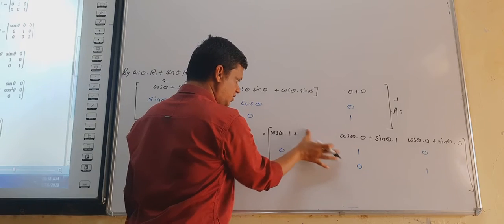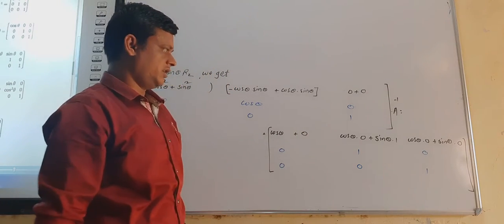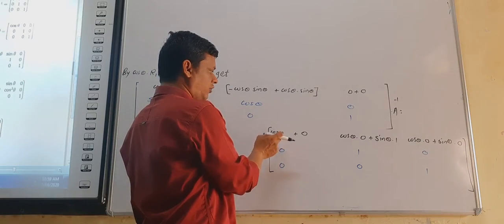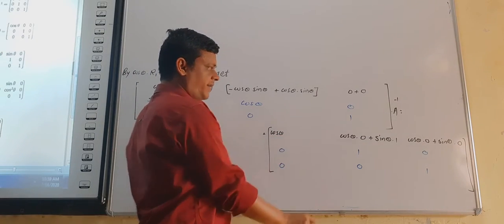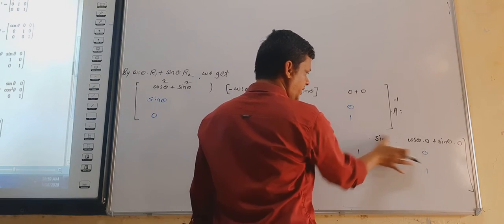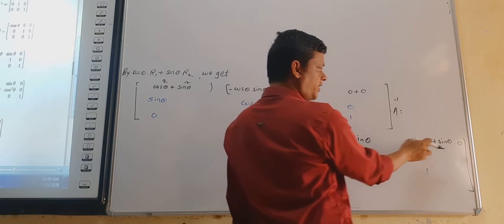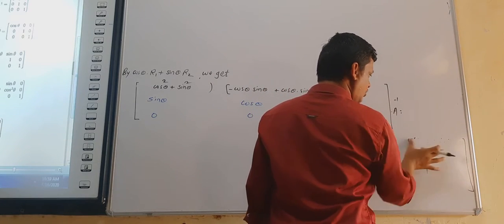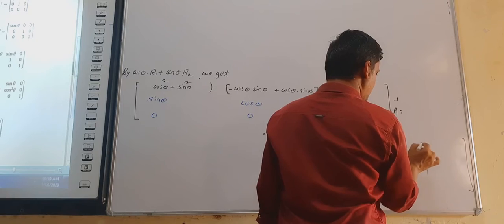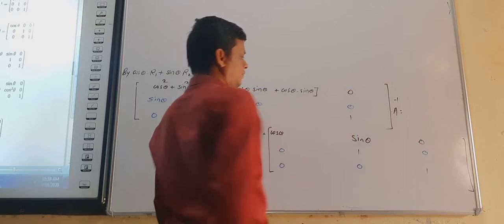So this is 0 and 1 into cos theta is cos theta. So directly you can write cos theta plus 0 as cos theta. Into 0 is 0, sin theta into 1 is sin theta. So we write here sin theta. Cos theta into 0 is 0, sin theta into 0 is 0. So 0 plus 0, we write here 0. Here you can write 0 also.